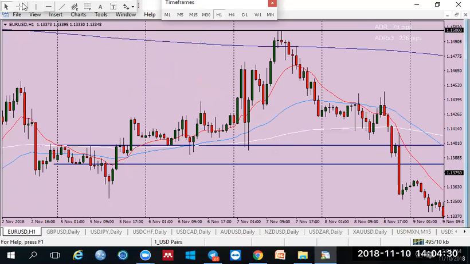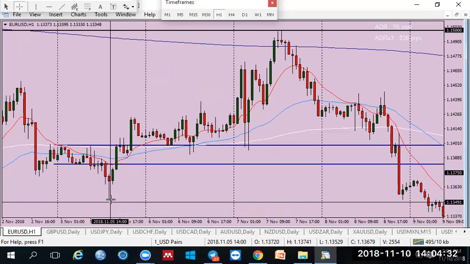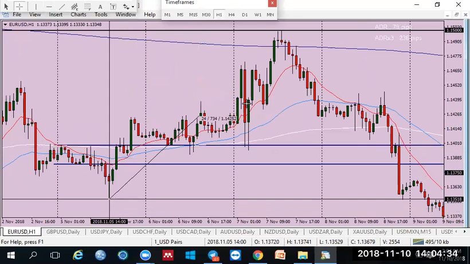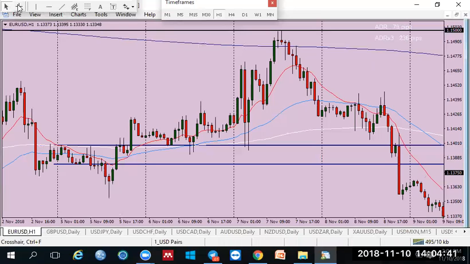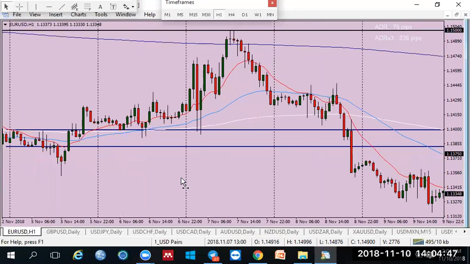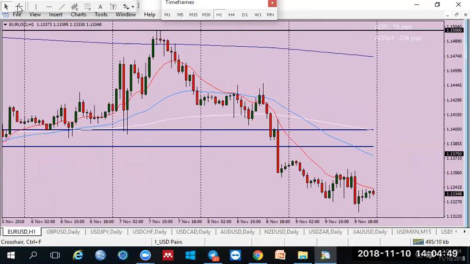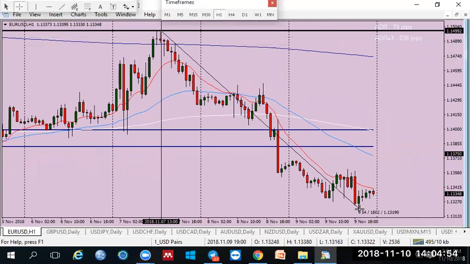So to get the total movement, you'll add the buy, which was, let's just say 150, and then you'll add the sell, which again was up to the lowest point, 180.